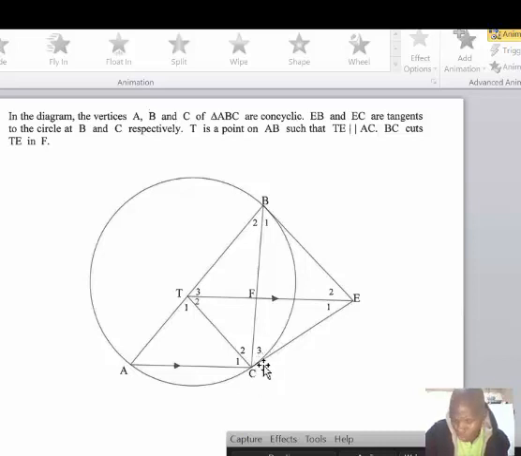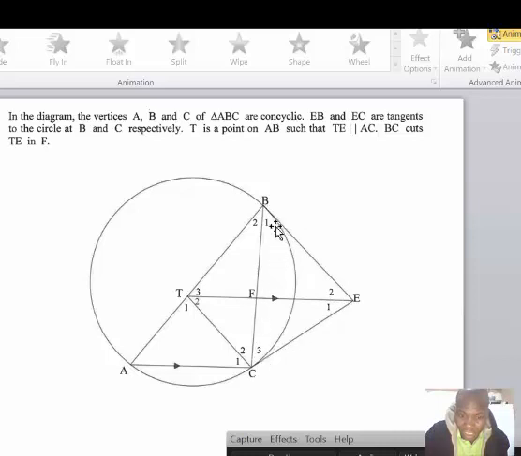Now we already know that these two are equal, so you can look at this triangle as an isosceles triangle, because you have tangents meeting from outside the circle, making this an isosceles triangle.